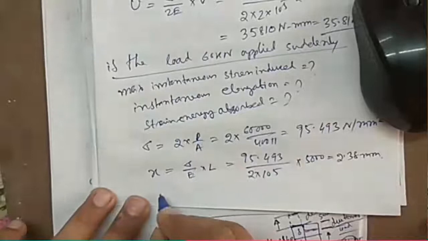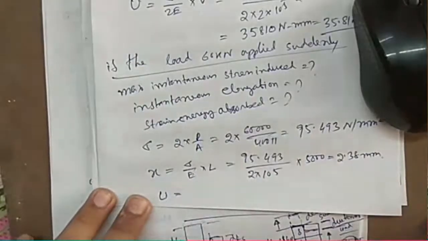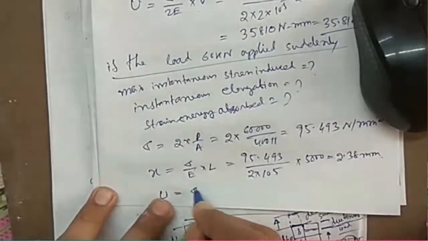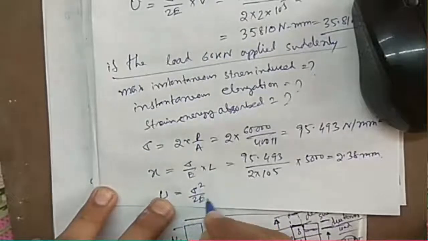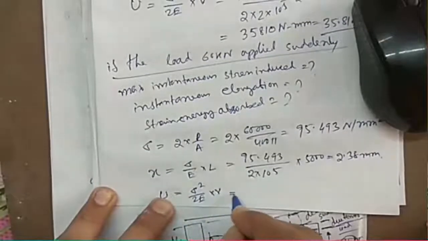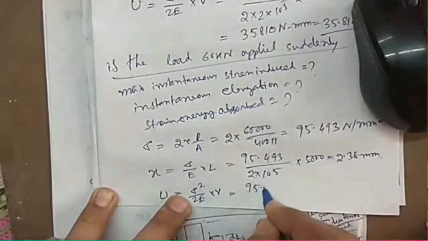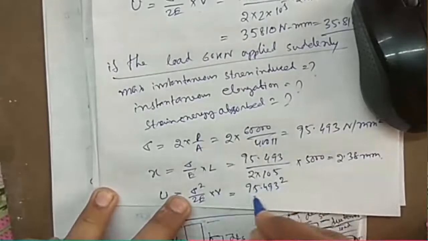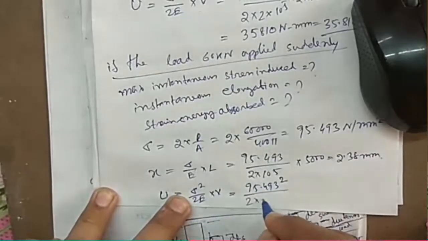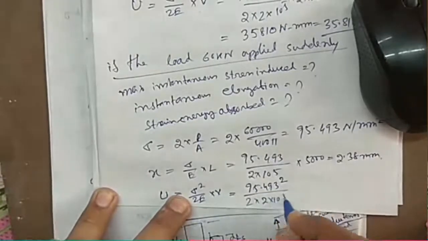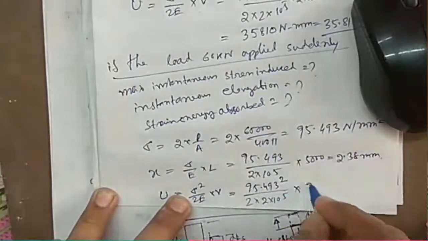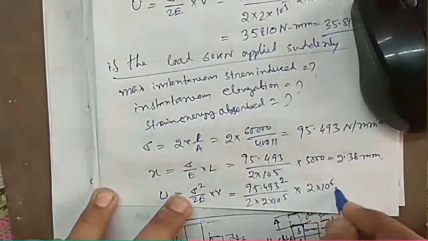Now the strain energy is sigma square by 2E into V. Putting the values, 95.493 square by 2 into 10 to the power 5, into V, which is 2 into 10 to the power 6 pi.